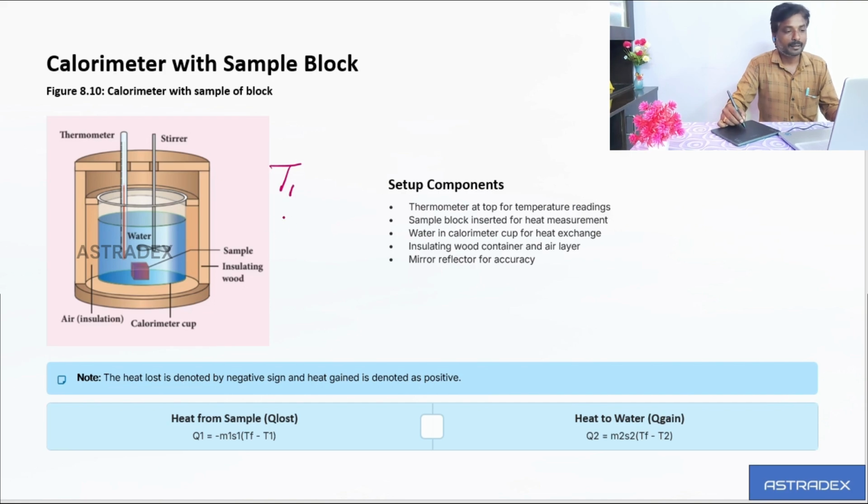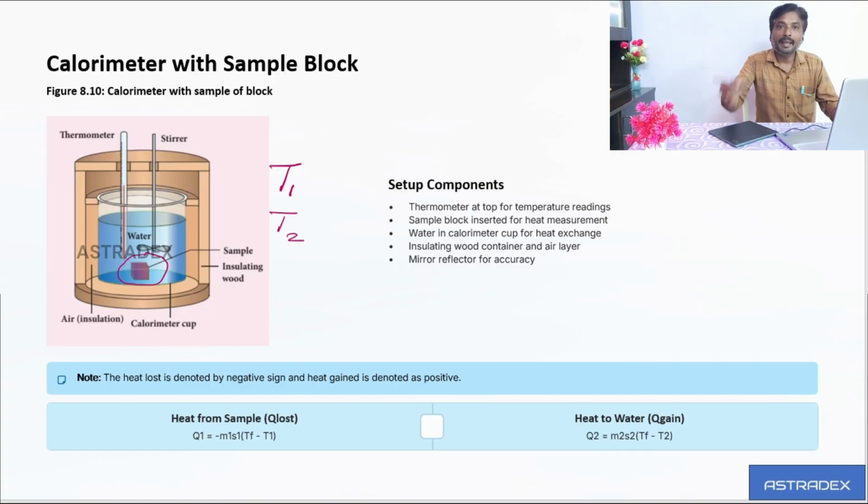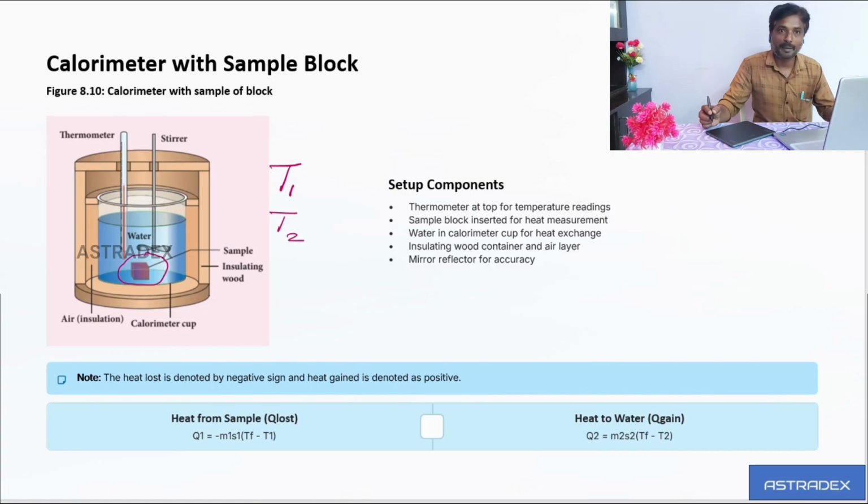Now the sample is heated up and inserted inside the calorimeter. With the help of the stirrer, the water and the sample are mixed together.